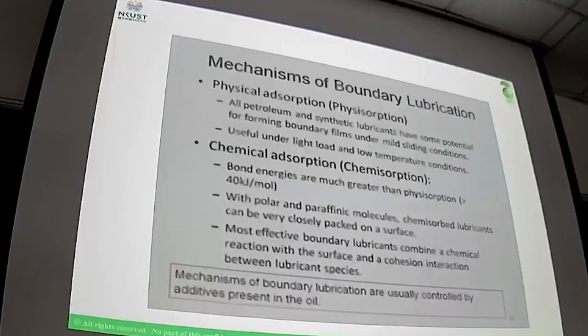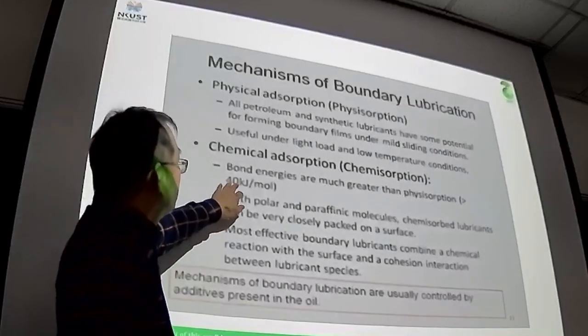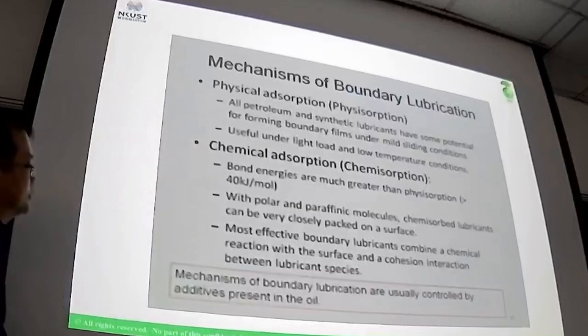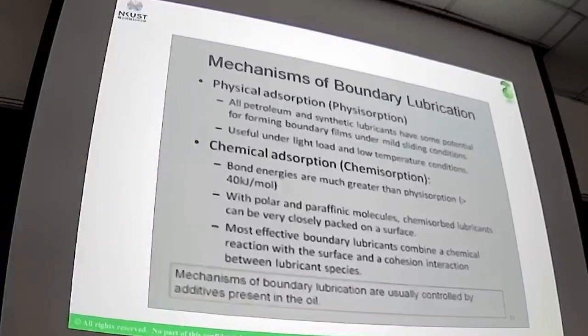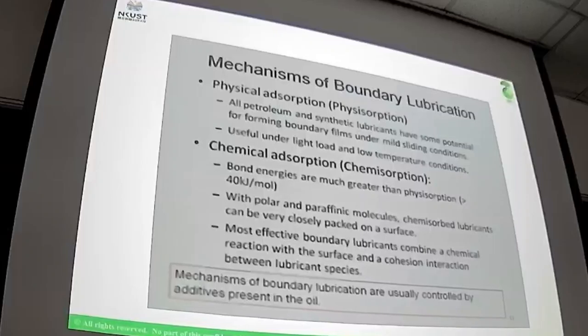So it's greater than 40 kJ per mole, meaning roughly 40 kilojoules of adsorption energy per mole. With polar or paraffinic molecules, chemical soap lubricant can be very close packed on a surface.